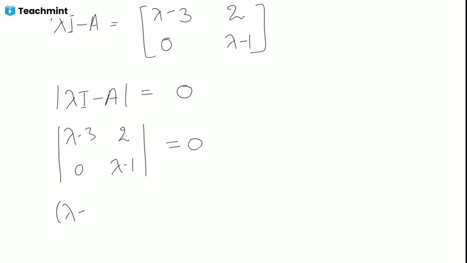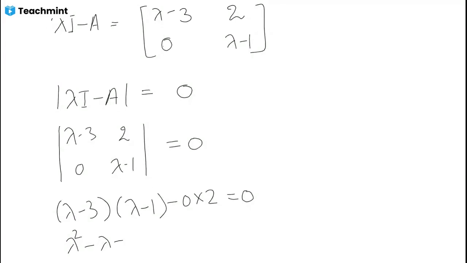Lambda minus 3 into lambda minus 1, minus 0 into 2, equal to 0 on the right side to form the equation. Now let us multiply these two brackets. So lambda square minus lambda minus 3 lambda plus 3 minus 0 is equal to 0. Are you getting this step?